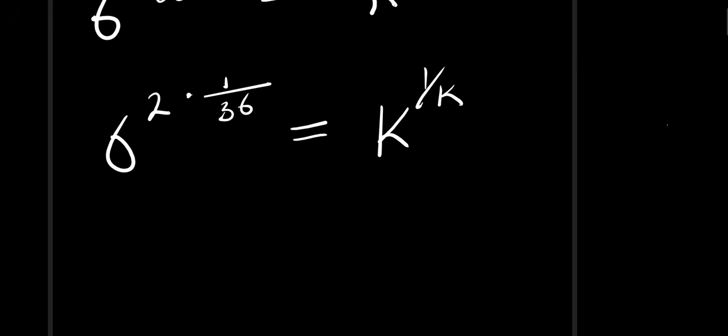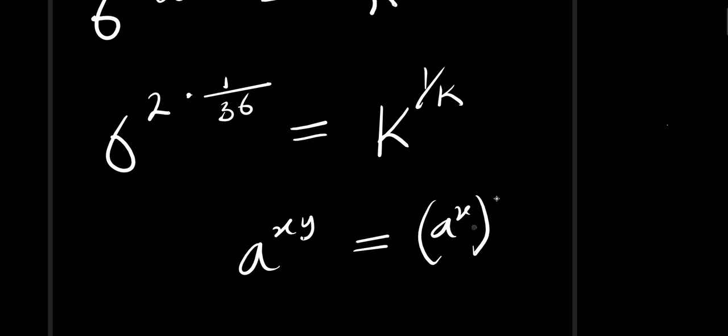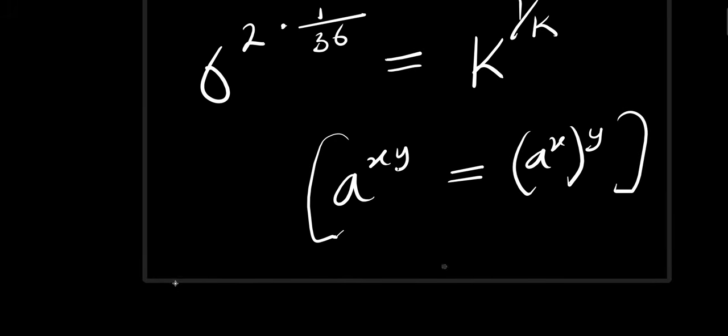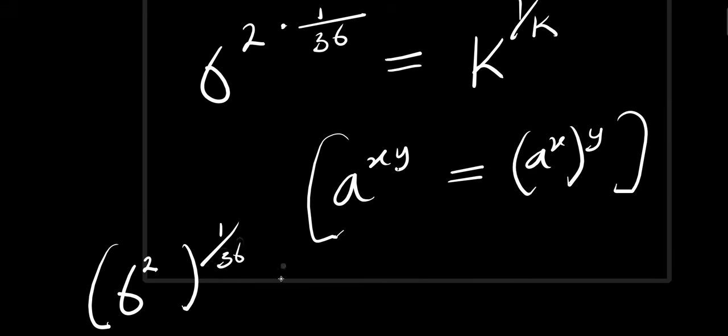So right now, I have a power x times y, which equals a power x to the power of y. So I'm going to have 6 power 2 to the power of 1 over 36 equals k power 1 over k.